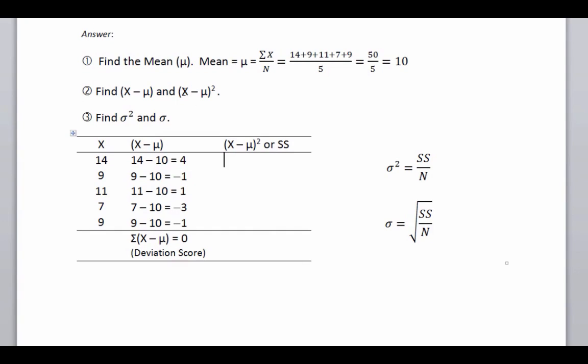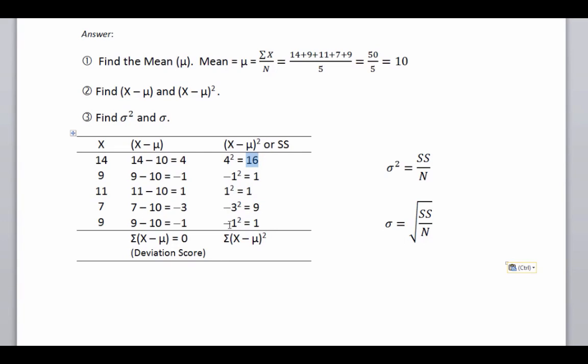Okay, next we want to calculate the second part to number 2. And that is we want to find the squared deviation scores, or x minus mu squared. So I went ahead and did that, and here we take each deviation score, the first one is 4 for example, and then we square that value, and that gives us 16. We have negative 1 squared, which is 1. 1 squared, which also is 1.